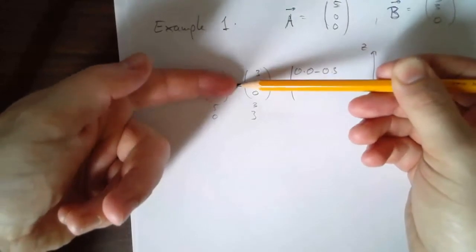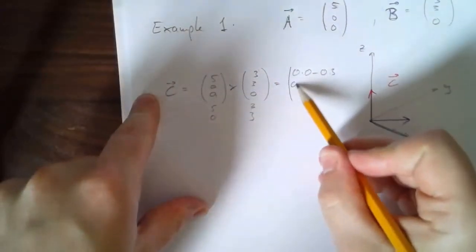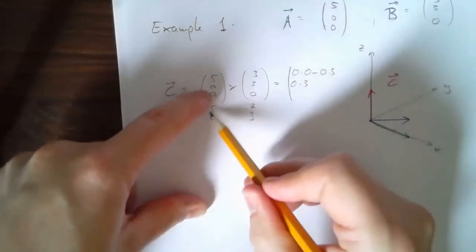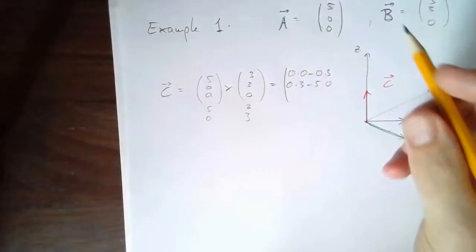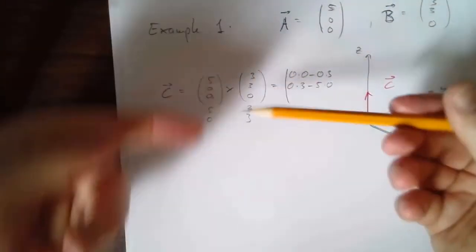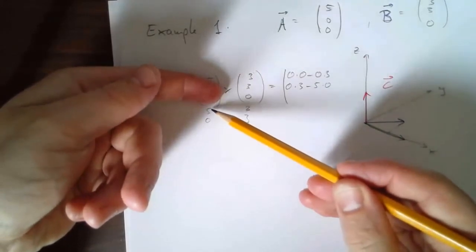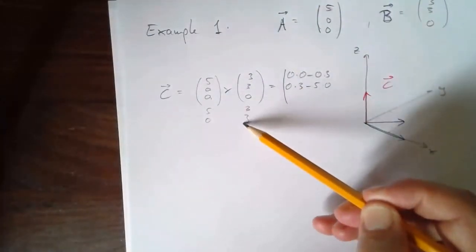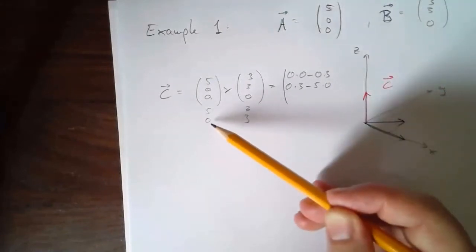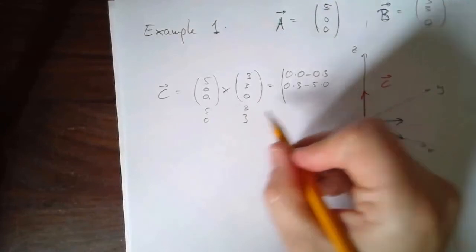So I'm going to start here, move 1 down. 0 times 3 minus 5 times 0. Told you this would be easy. So far we haven't got very much. And the last one, I'm going to start at the z, and I'm going to move 1 down, back to the x essentially. 5 times 3 minus 0 times 3.